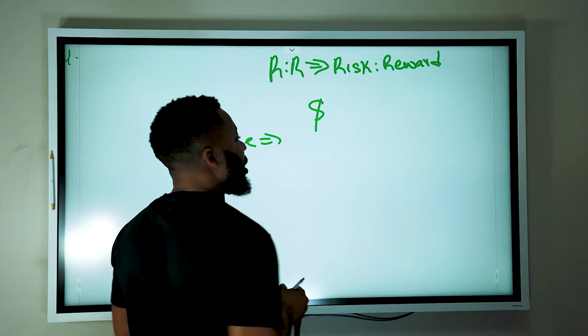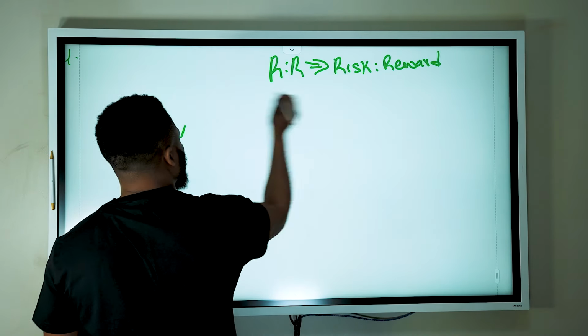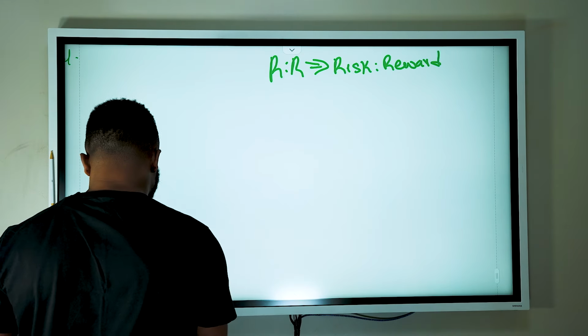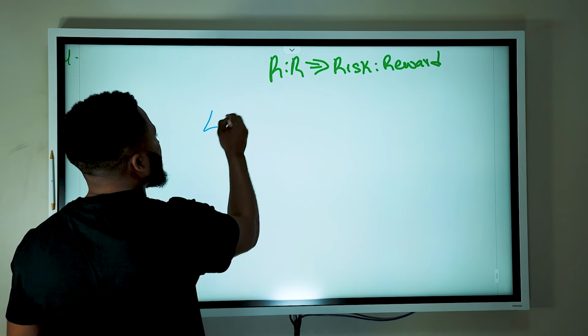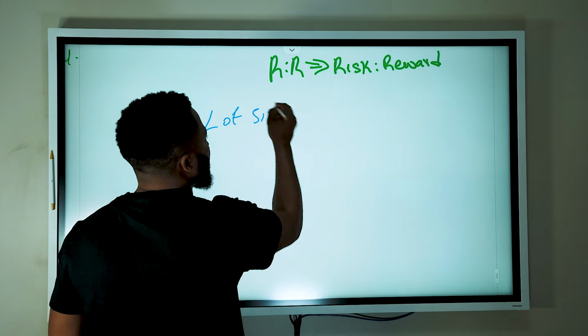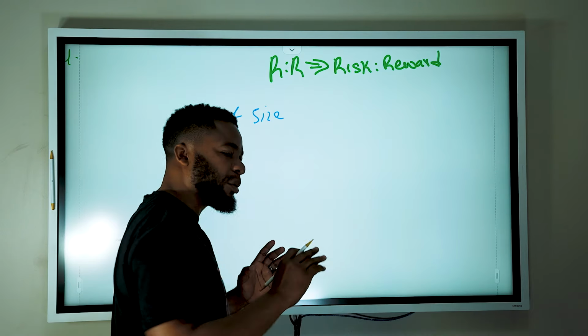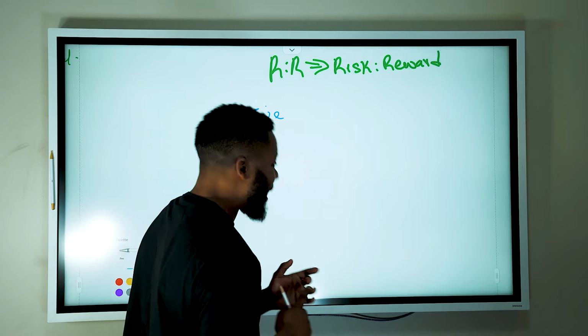Don't worry, I'll explain. Let me write it in small letters so that we'll have enough space to explain. So let me just put here lot size. It is from this lot size that you'll know the right risk to reward, the right percentage and everything.